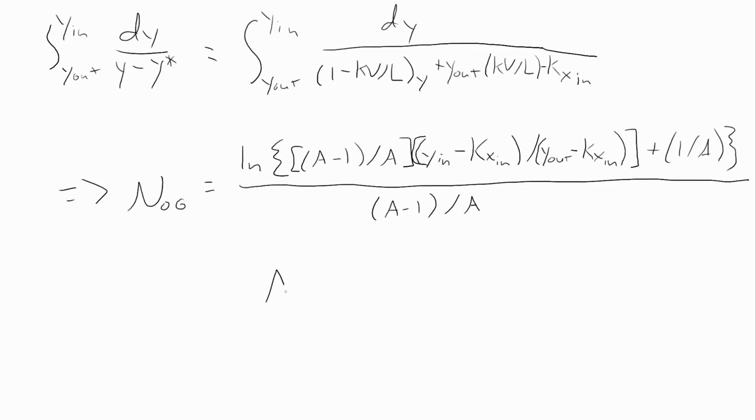And of course, A is the absorption factor. A is equal to L over kV. All right, so you can get the NOG, you can get the HOG.